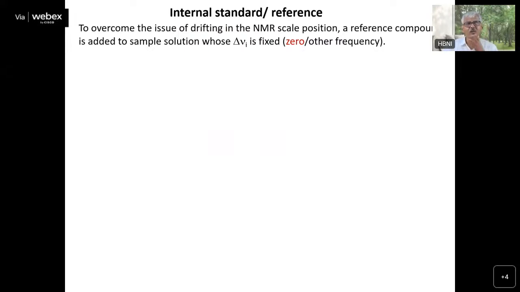Now the second issue is drifting, because of magnetic field changes and other electronic component issues in the machine. To overcome that drifting in the NMR scale position, a reference compound is added to the sample solution. Here we put in a reference sample whose delta nu I is fixed at 0, that is, the reference nu I minus the machine nu zero, kept fixed at 0.